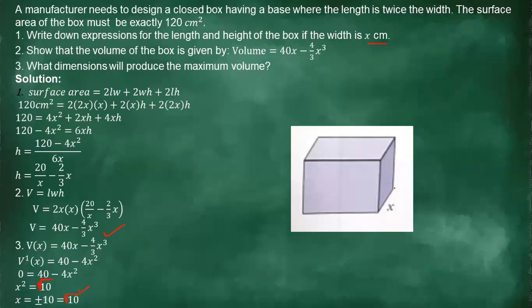The breadth, or the width, was x, so we know this side is square root of 10. And then what about the length? They say the length is twice, so it's 2x. Where you see x, you substitute with square root of 10, so it's going to be 2 square root of 10. And the height, remember the height is this one, you just put square root of 10 there. You press your calculator, then you'll find the dimension of all the sides of the box.